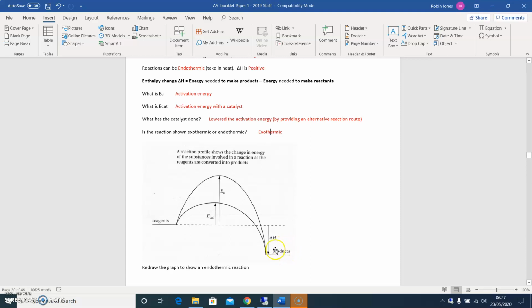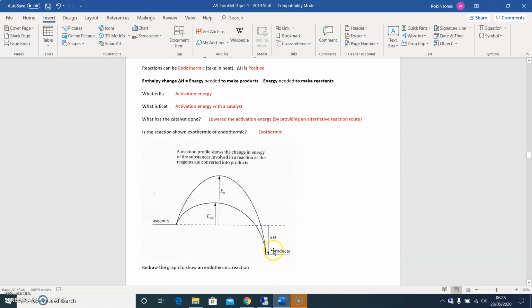So if I take the amount of energy in the products, which is 0, and I subtract the energy in the reactants, 100 kilojoules, 0 subtract 100 is minus 100. So you've got a small energy in the products, a large energy in the reactant, the firework, ready to be sent into the sky when I give it the activation energy. Products take away reactants, small energy take away large energy, gives a negative value.